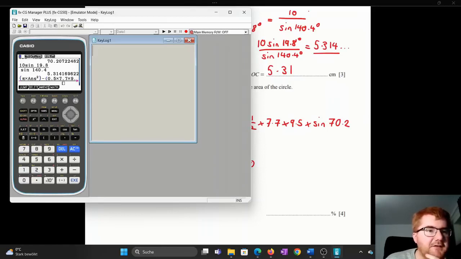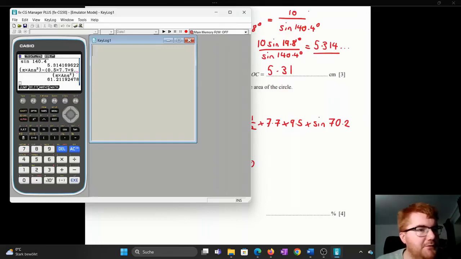Then we want the area of the circle, so put this in brackets to be sure, pi times, again, the answer squared, close brackets. And we want a percentage, so we times this whole thing by 100 at the end, and we get 61.211.